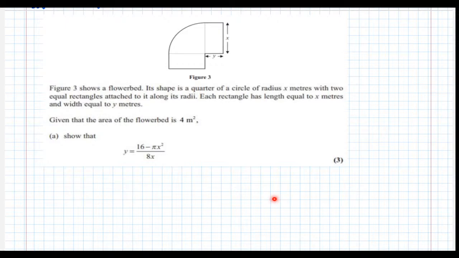Each rectangle has length equal to x meters and width equal to y meters. Given that the area of the flower bed is 4 meters squared, that's where you should stop reading and write something in maths. I'll give you a moment to have a go at that.